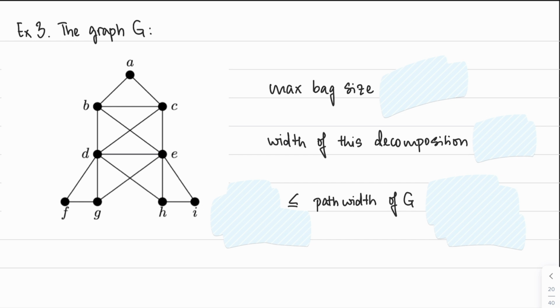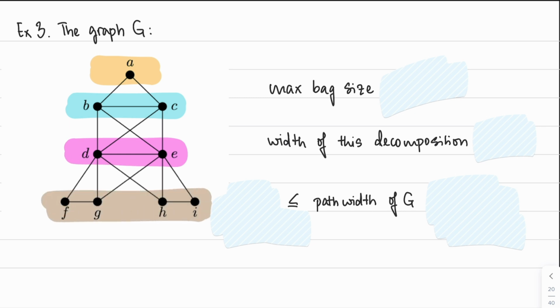So we could, for example, identify these layers here. And we do know that proposing these layers as the bags is not going to work, because that's not going to account for, again, property B, which requires that every edge has both of its endpoints in some bag. That's not going to work.